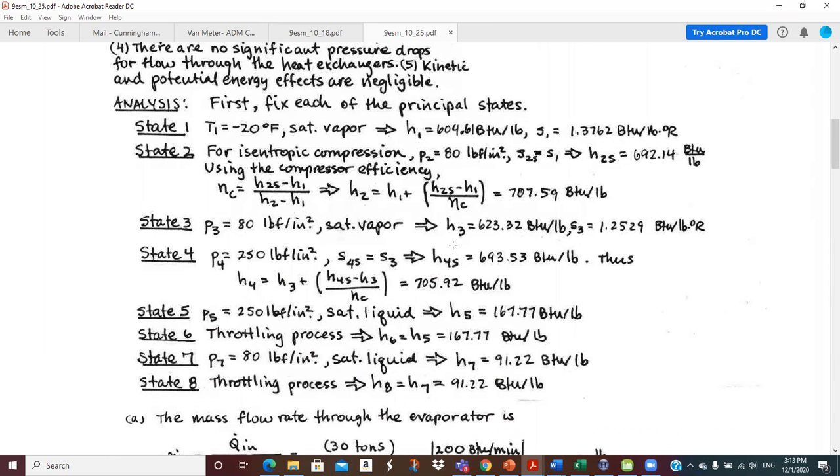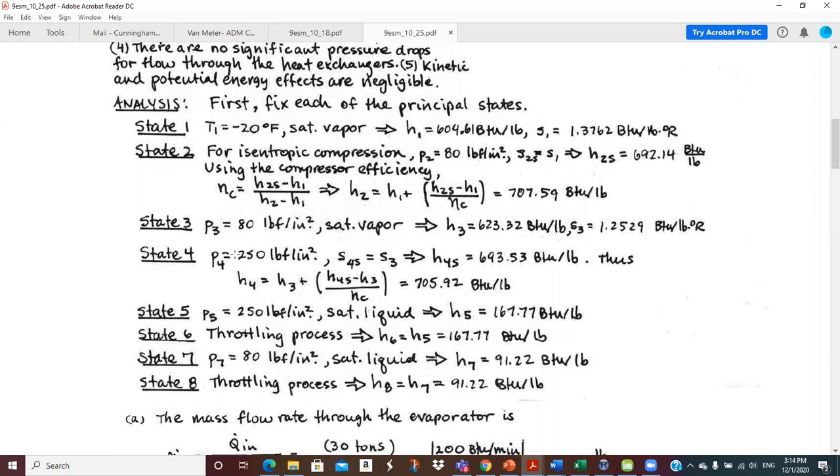So you go to the saturated ammonia table at minus 20, and you can just read an entropy and an enthalpy. Enthalpy is 604.61 BTUs per pound, and the entropy is 1.3762 BTUs per pound per degree Rankine.